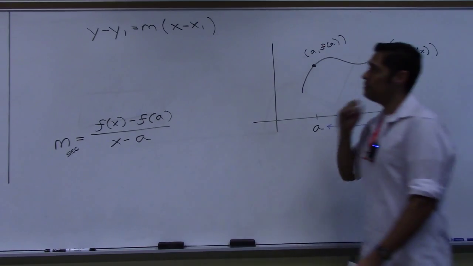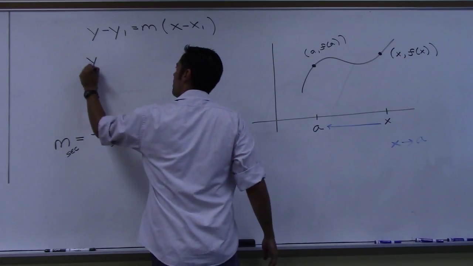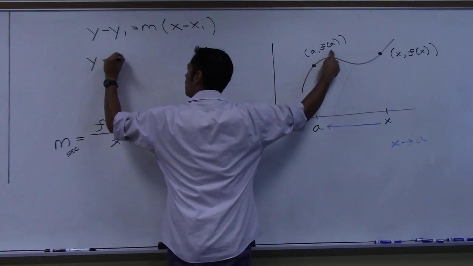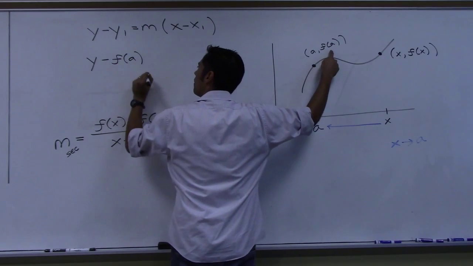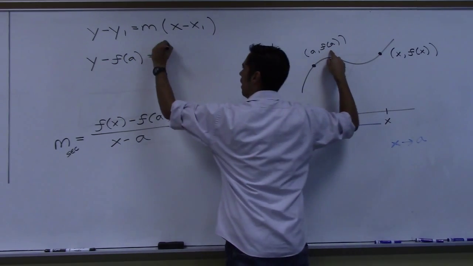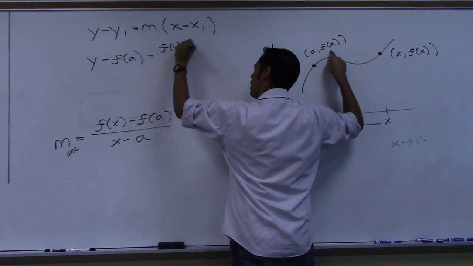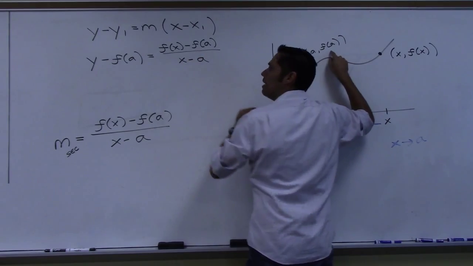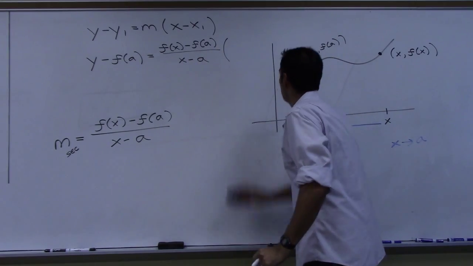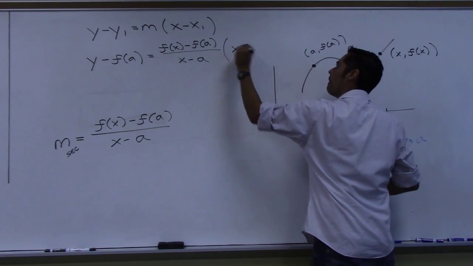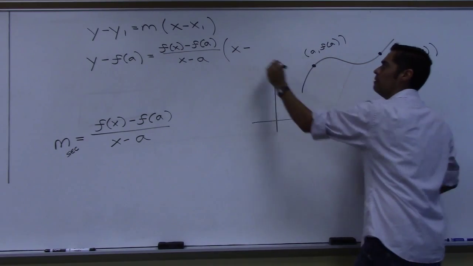Using that same formula from college algebra, it's y minus, what's y1 for us? f of a equals m, what's m? f of x, write it down. It's what it is. Can't change what it is. Okay, that's your slope times now x minus a.